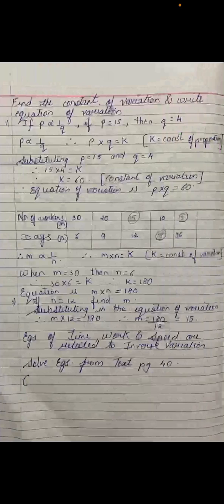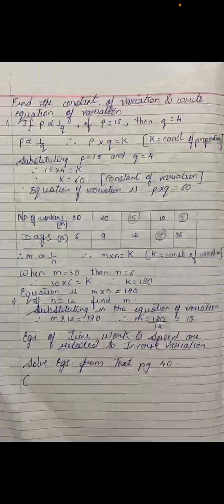Therefore, p into q is equal to k is a constant of proportion. Substituting p equal to 15 and q equal to 4, we get 15 into 4, that is equal to k. So, k is equal to 60 is a constant of variation. Equation of variation is p into q is equal to 60.